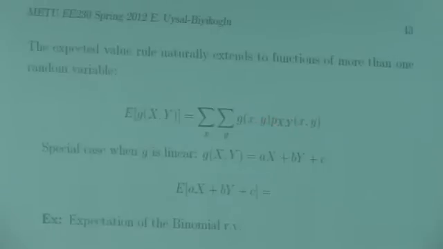Okay, special case when the function g is linear, or in this case affine, aX plus bY plus c. The expected value of aX plus bY plus c is, what do you think?